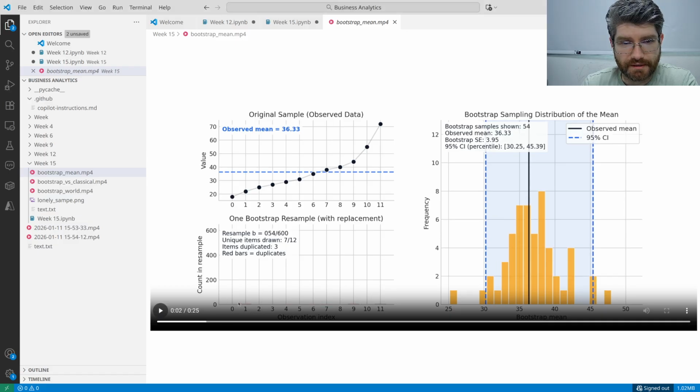You can see they're appearing in a very, very tiny amount, but these are appearing. Those are the customers who got picked multiple times. And on the right panel, there is the magic. For every single resample, we calculate the mean and drop it onto this histogram.